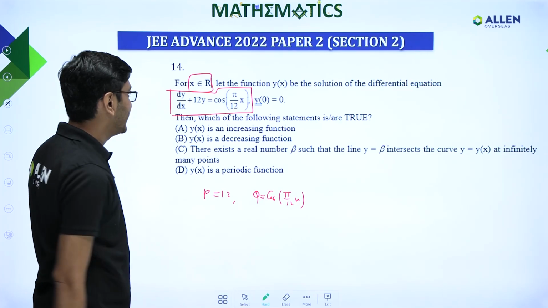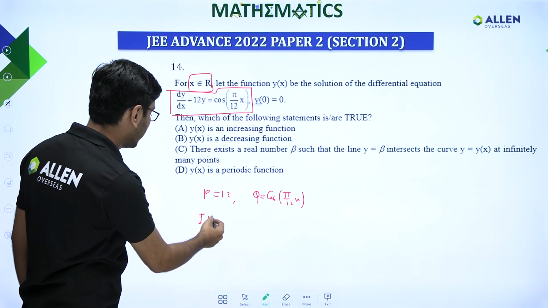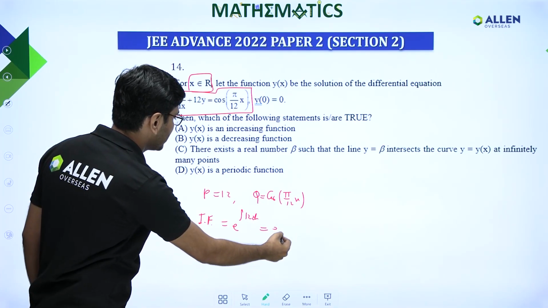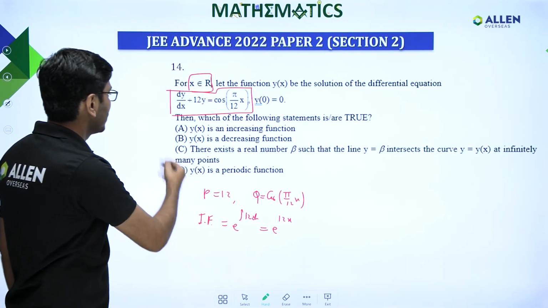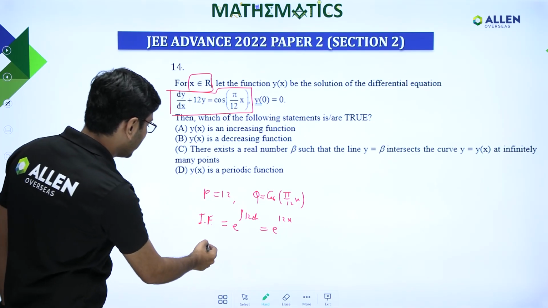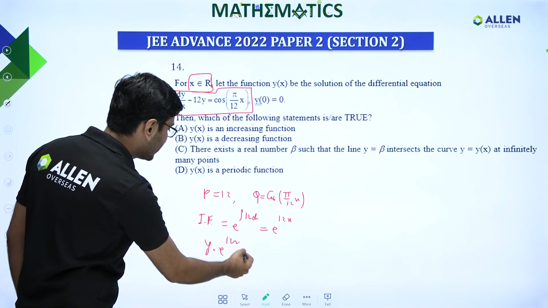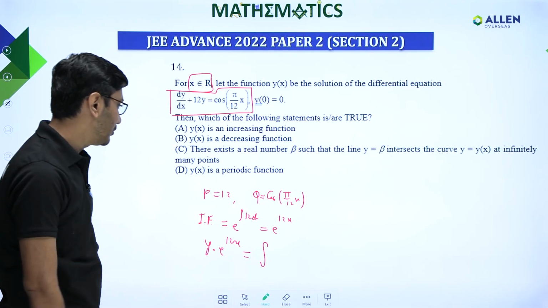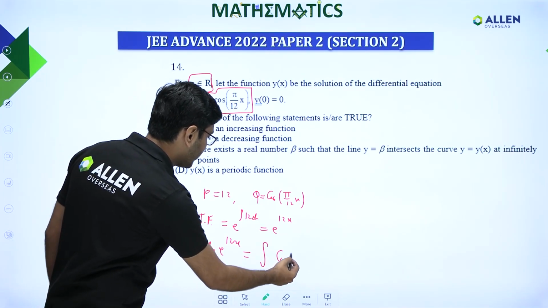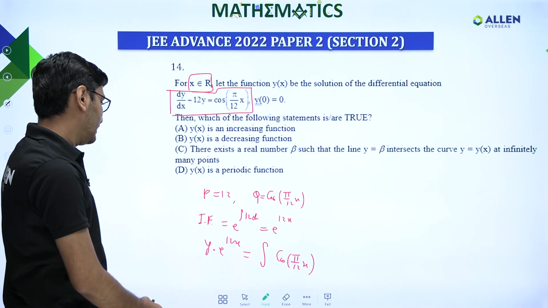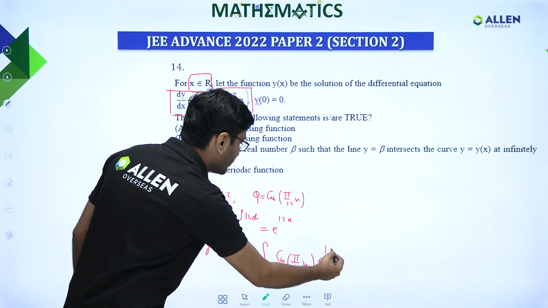If you solve this linear differential equation, the integrating factor you will get is e raised to integration of 12 dx, which means e raised to 12x. Solving this, y into the integrating factor, that is y into e raised to 12x, is equal to integration of q into the integrating factor, that is cos of pi by 12x into e raised to 12x dx.